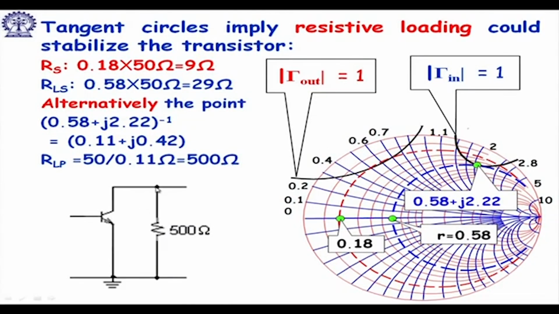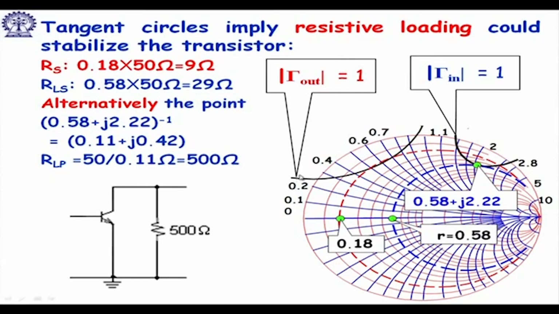Now, sometimes at the output you want to have parallel loading. So we can take this 0.58 point and find its admittance, and I change it, that becomes 0.11.